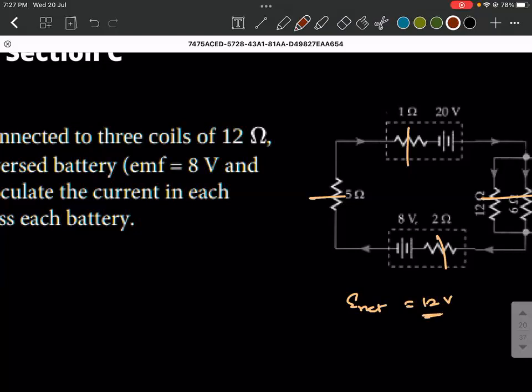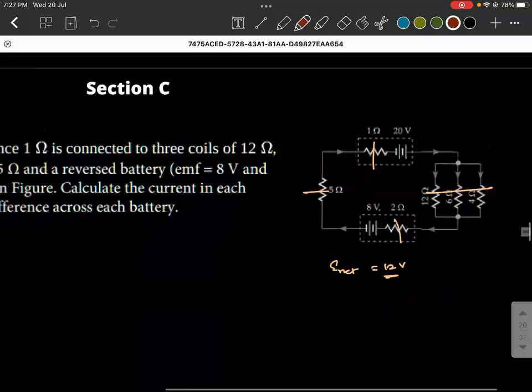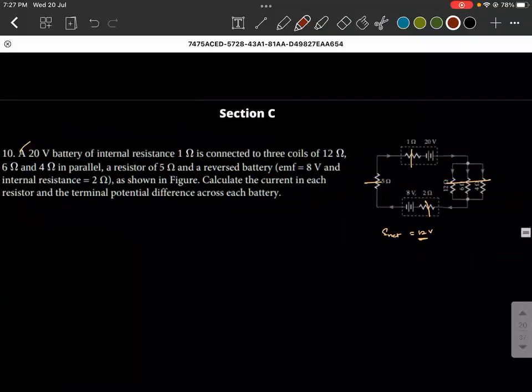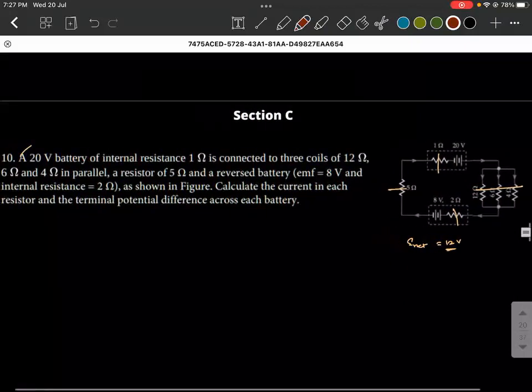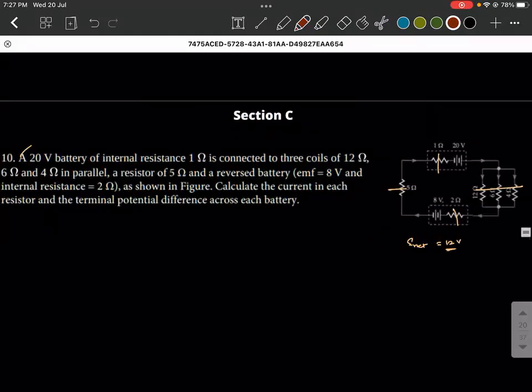Can you do it fast? Need the values. 10 is what? Correct.